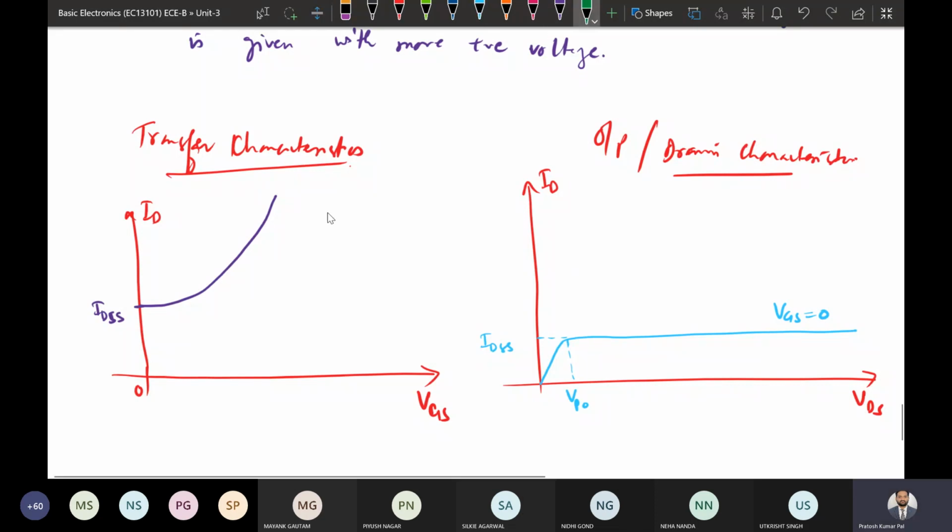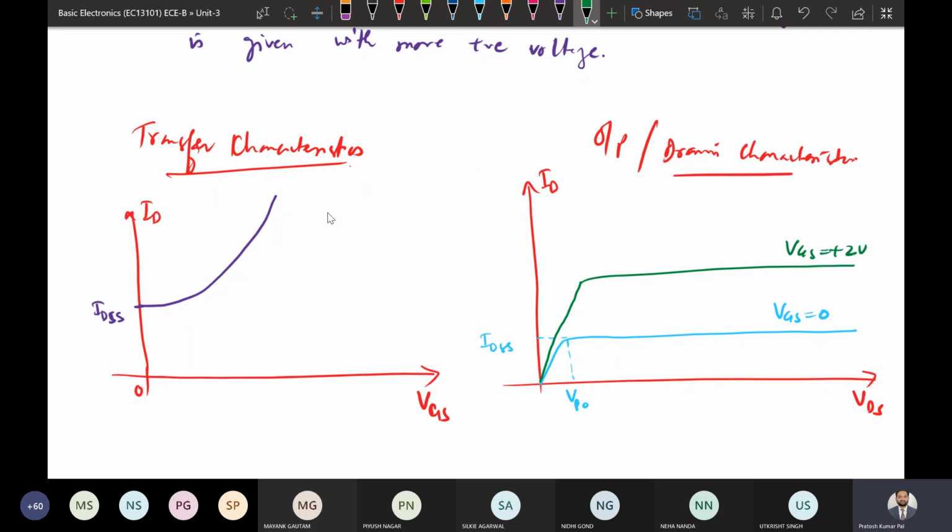So this is the case when VGS is equal to 0. Suppose VGS is positive, because we are increasing VGS in the positive direction. Suppose VGS is plus 2 volt. It will be like here, and then it will become constant. So this is the case when VGS is equal to plus 2 volt.